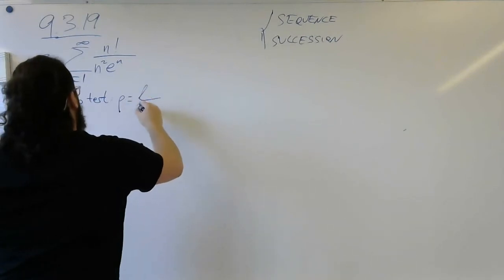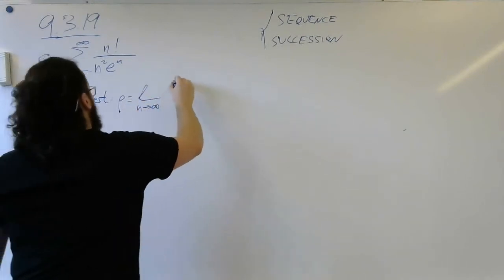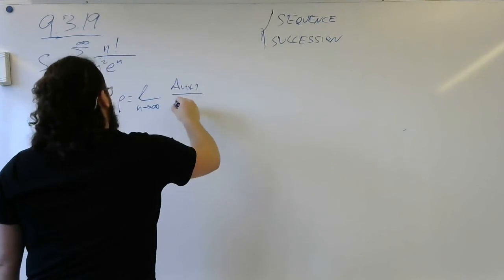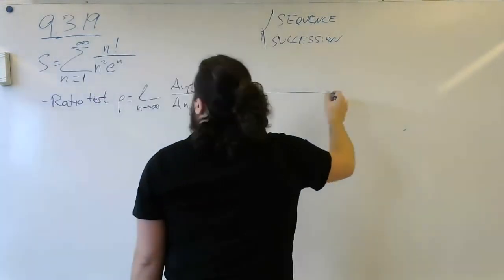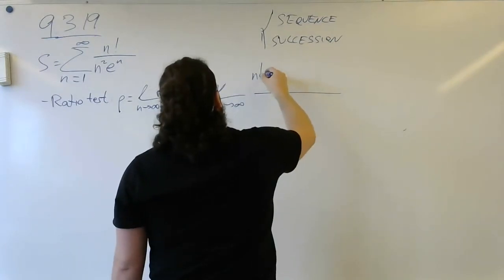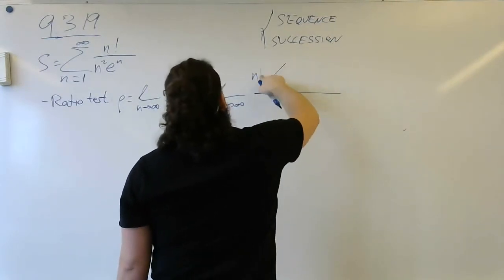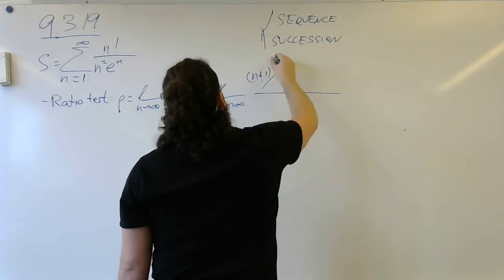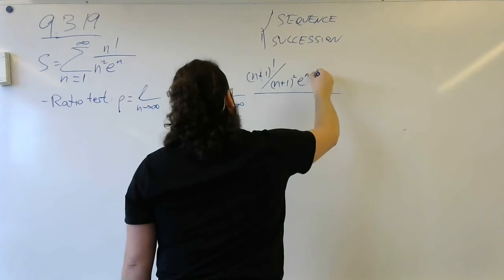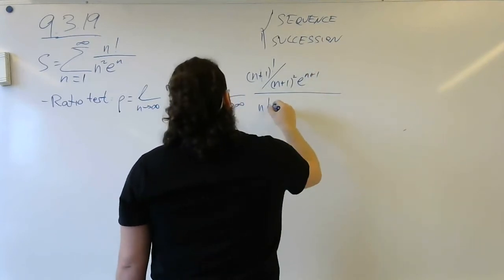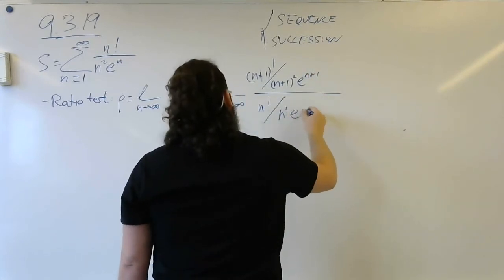Let's call rho the limit when n tends to infinity of a_{n+1} over a_n. Here we have (n+1) factorial over (n+1) squared in power n+1. And down here we have n factorial times n squared in power n.